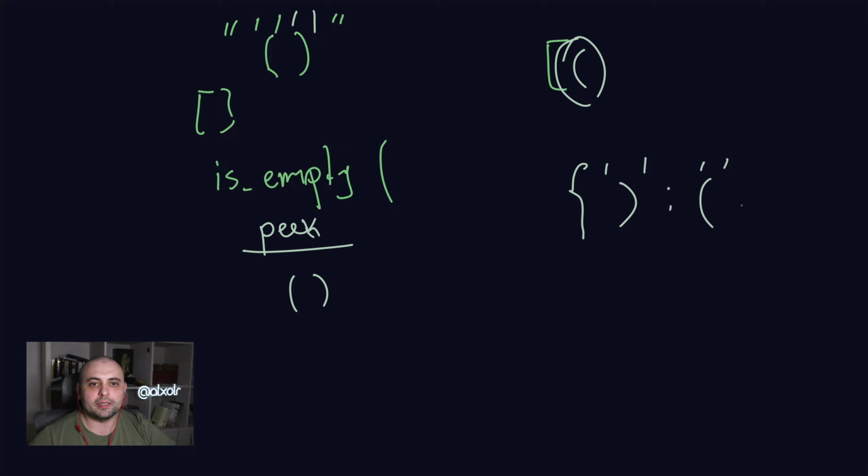So that would be the character which will look onto the top of the stack to remove it, or to nullify both of them.